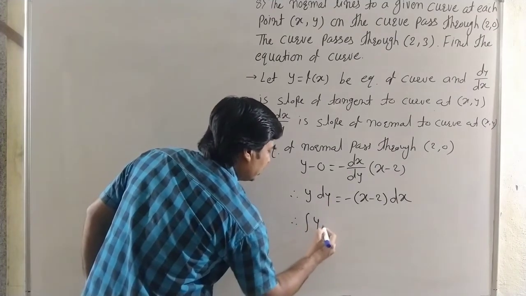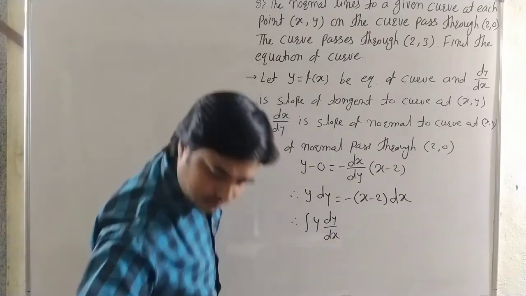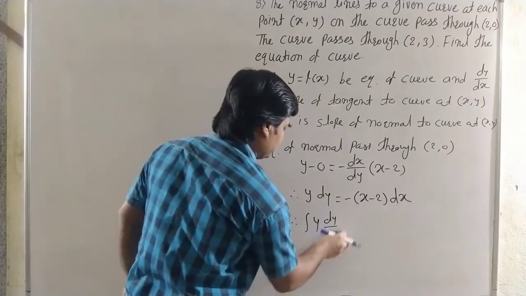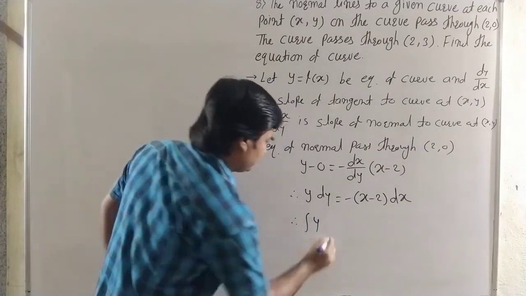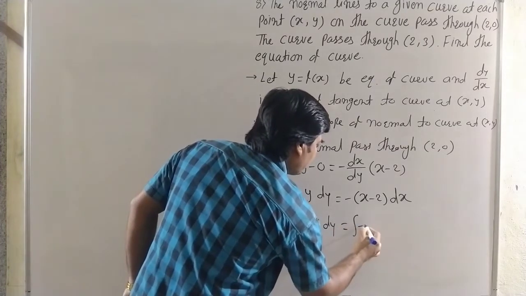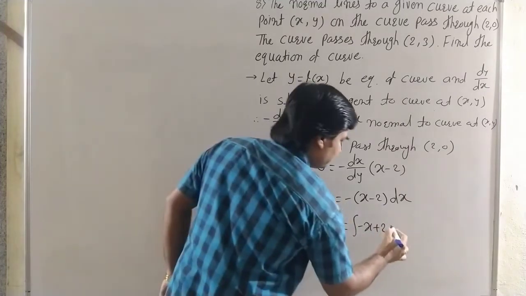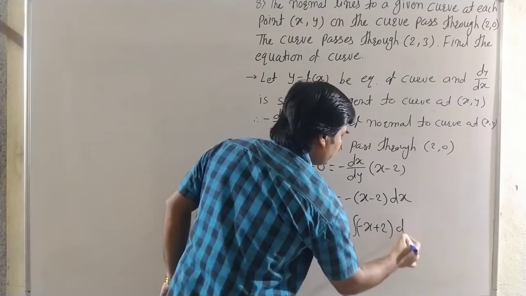Therefore, taking integral on both sides, integral of y dy is equal to integral of minus x plus 2 with respect to x.